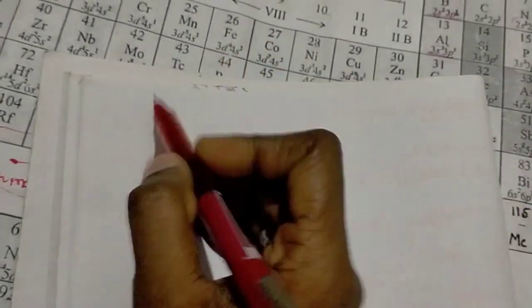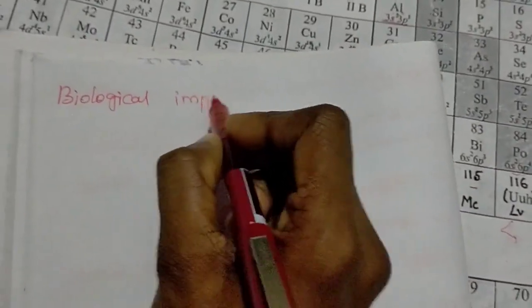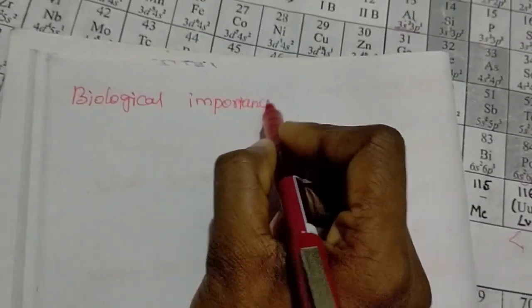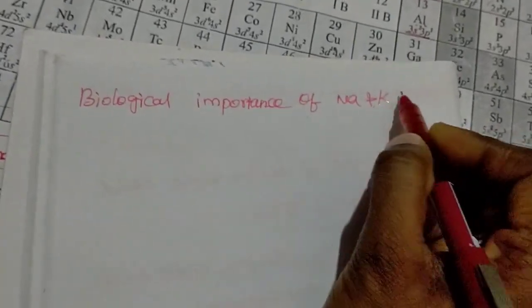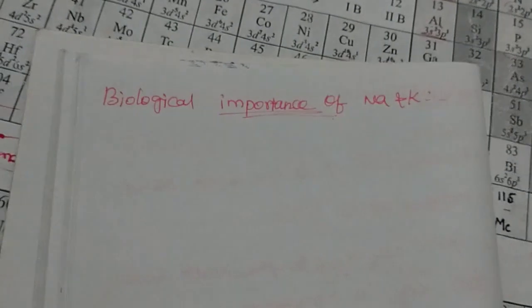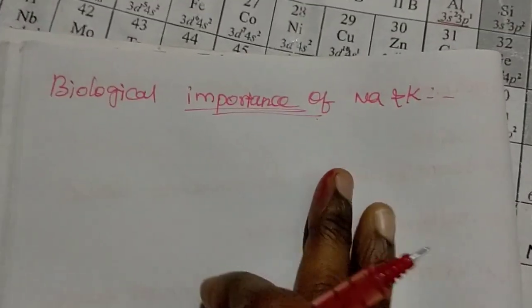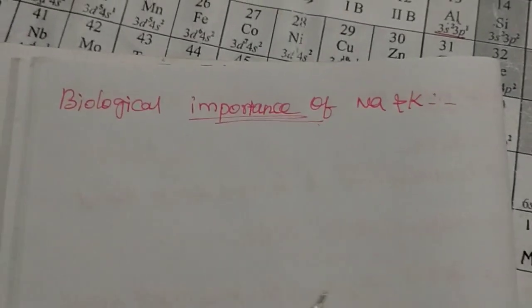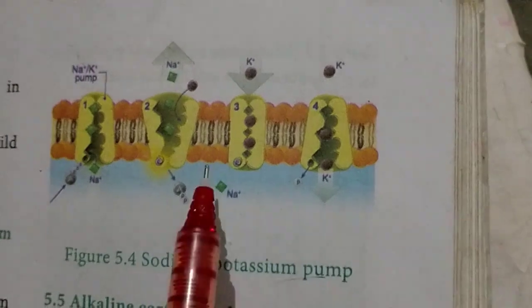Next topic from the alkali metals is the biological importance of sodium and potassium. Generally we say this is the biological role of sodium and potassium in the human being. It is the sodium potassium pump, which is shown in this figure, how it acts in our body.